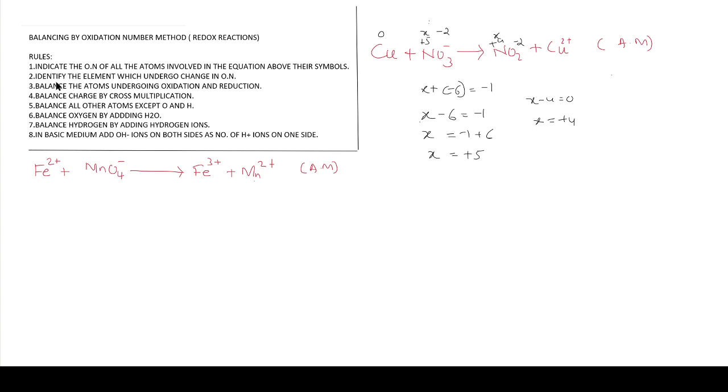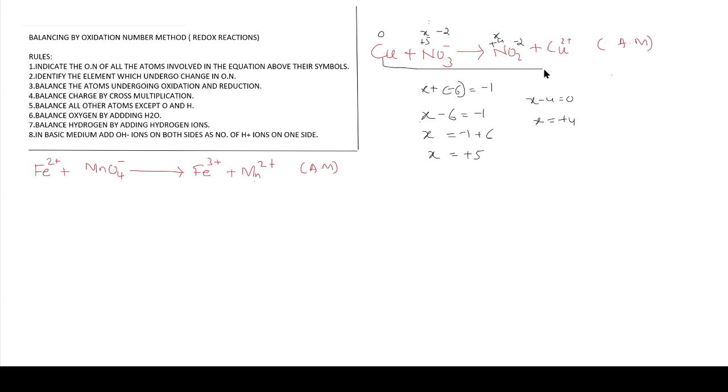So the second step is completed here, where we have identified the element which undergoes change in the oxidation number. You can see here copper from 0 has changed its oxidation state to +2.